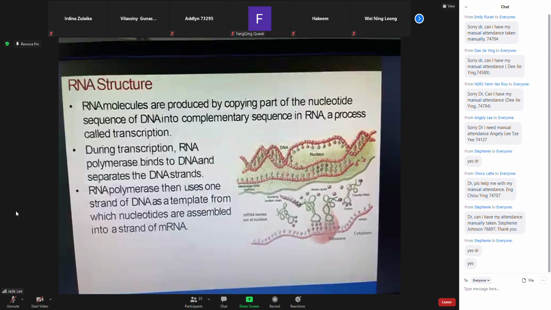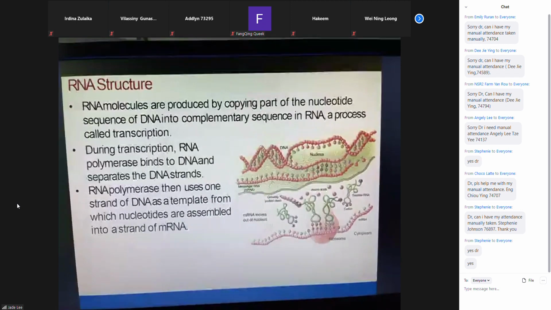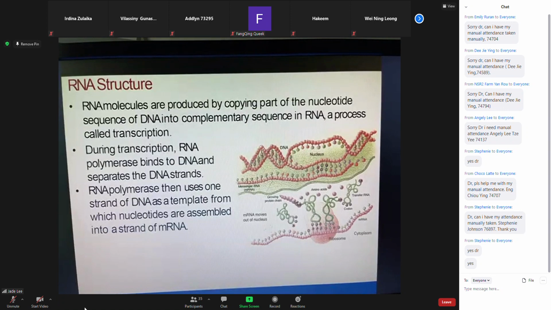So mRNA, when it is produced, is very complicated, because there is pre-mRNA. It means it has to go through RNA processing. Do you understand?